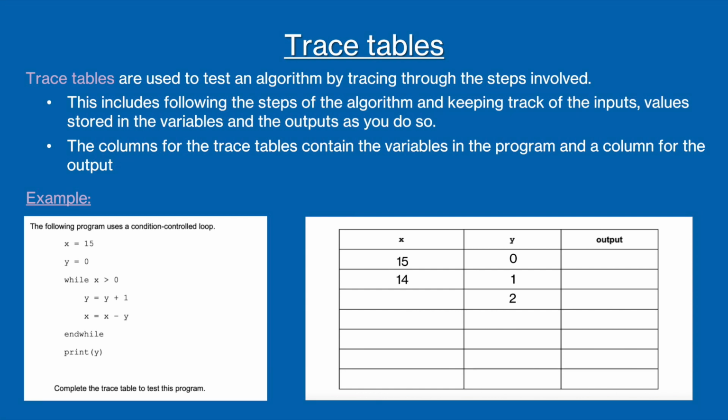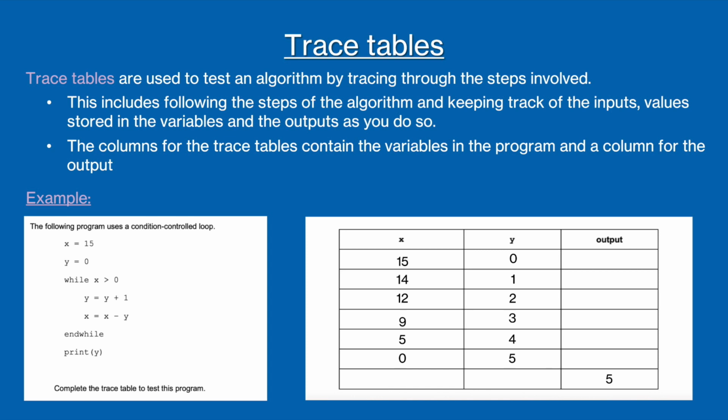We add 1 to y, so y becomes 2, and then subtract this 2 from x, so x becomes 14. We repeat this until we get to x is 0 and y is 5, because at this point x is not bigger than 0, so we exit our loop and print y. So as y is 5, we put 5 in our output column.